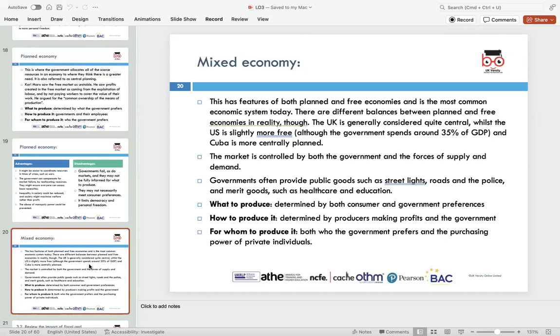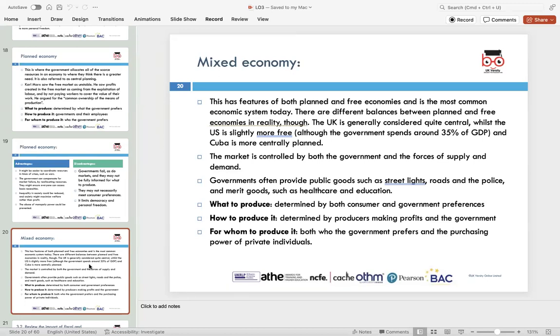Also, the mixed economy, the particular economic system that is most prevalent in the present day, exhibits characteristics of both planned and free economics. In practice, there are a variety of balances that may be found between planned economics and free economics.